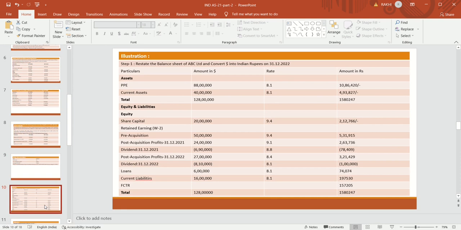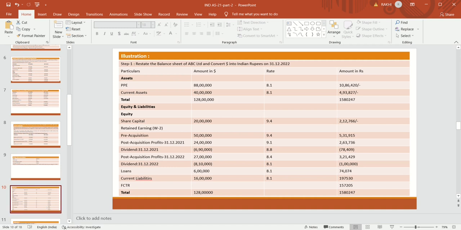So let's start our illustration. Firstly, the first step is to prepare a standalone balance sheet. The first step is to restate the balance sheet of ABC Limited, which is in dollars, and convert it into rupee terms as on 31st December 2022.